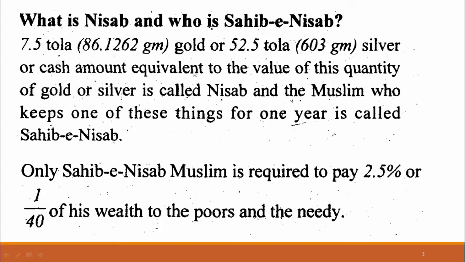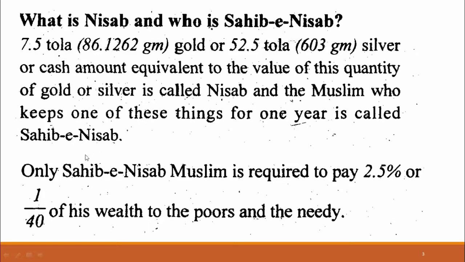Any cash amount equivalent to the value of this quantity of gold or silver is called nisab, and the Muslim who keeps one of these two things for 1 year is called sahib nisab.